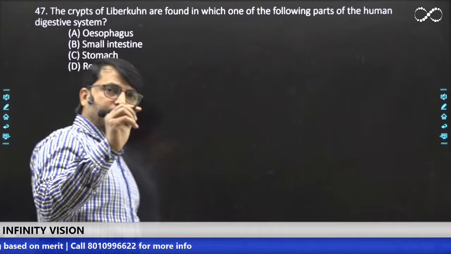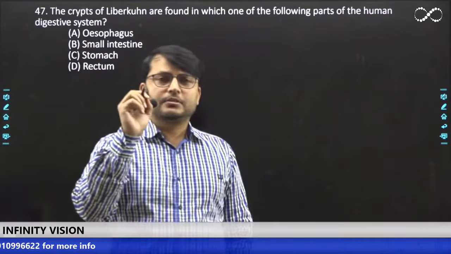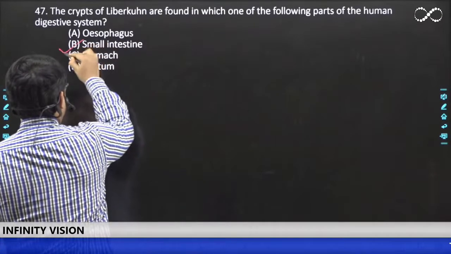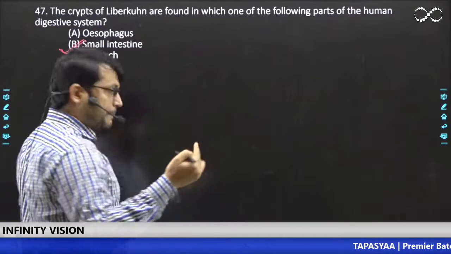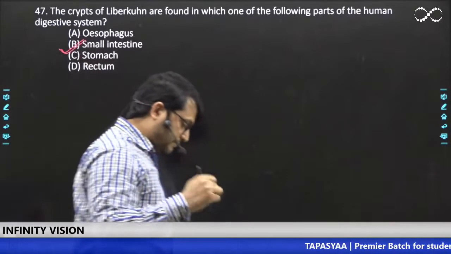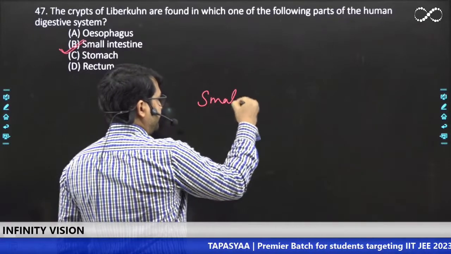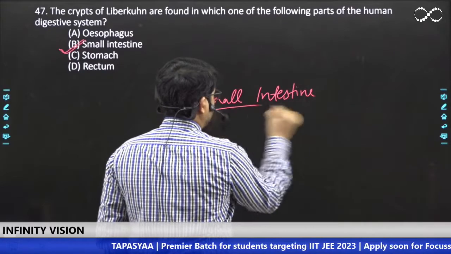Let me put a twist to this question. Before that, let me tell you that all of your answers are correct. The correct answer is small intestine. But what if I ask, in which part of the small intestine do we find the crypts of Lieberkühn? The small intestine is divided into 3 parts.